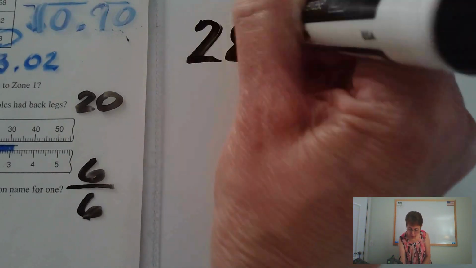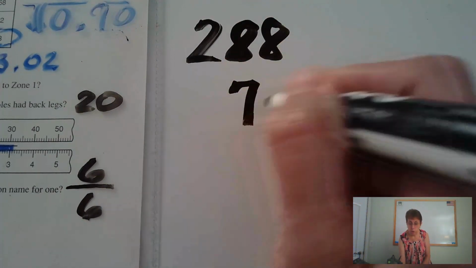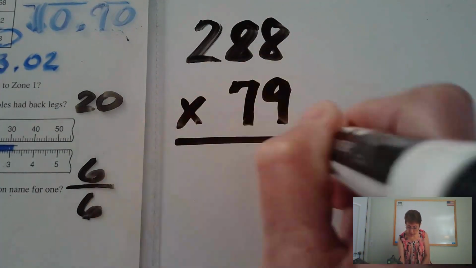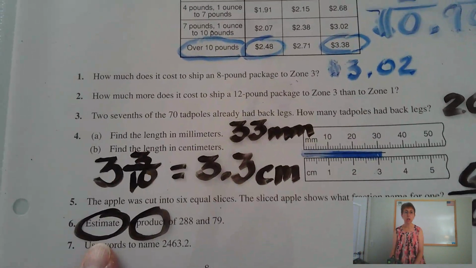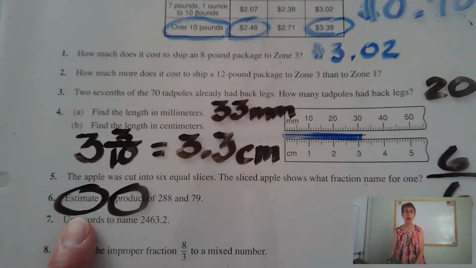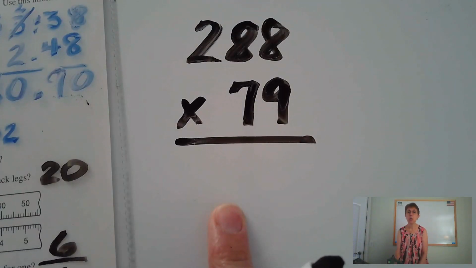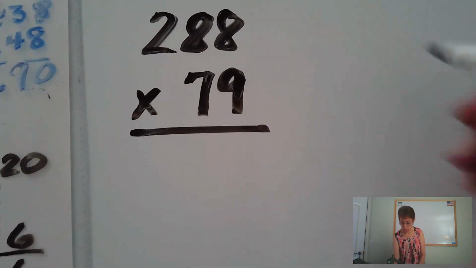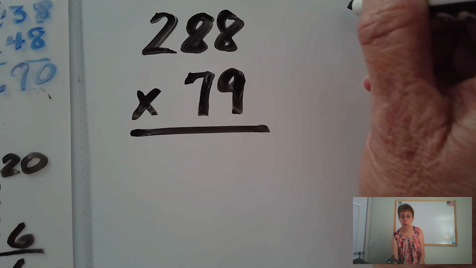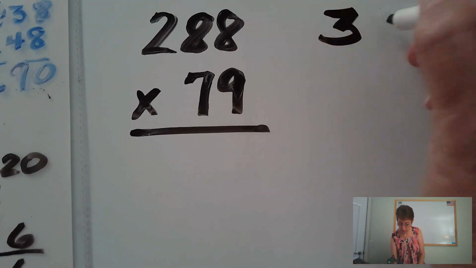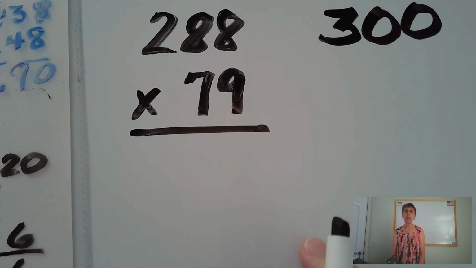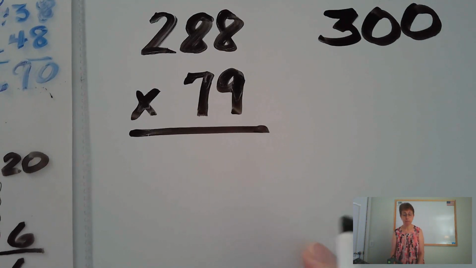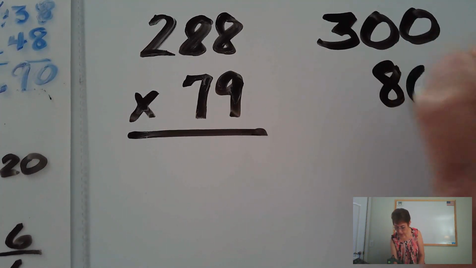So if we were just going to multiply this problem, it would be 288 times 79. However, the statement here says to estimate. So we're not using exact numbers. In order to estimate, we need to round each number. So 288 gets rounded up to 300. And 79 also gets rounded up, in this case, to 80.